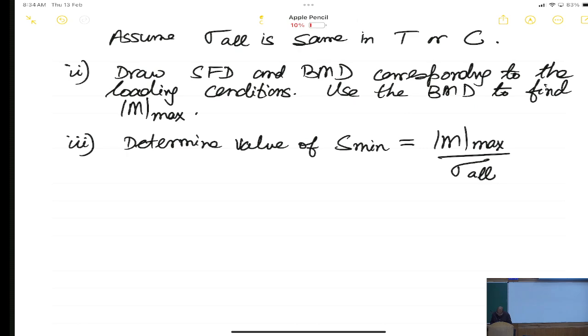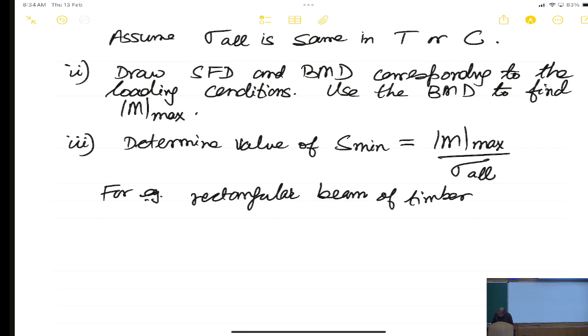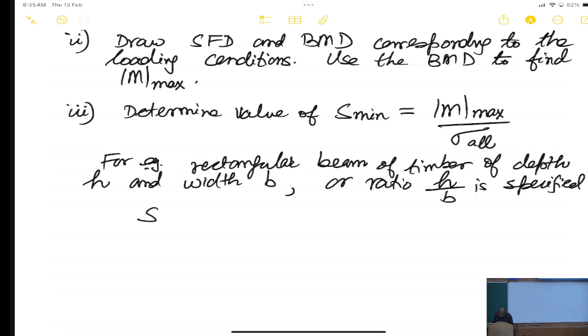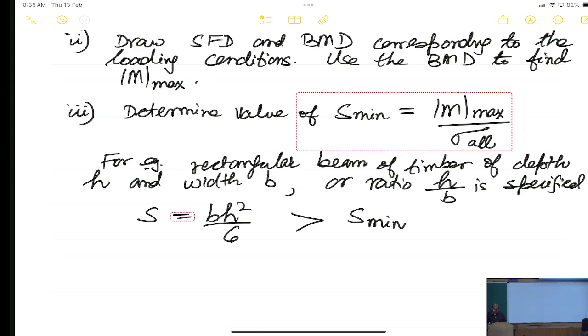And then, for example, if we have a rectangular beam of timber of depth h and width b, or the ratio h by b is specified, then S is equal to bh square by 6, and this has to be greater than S minimum.